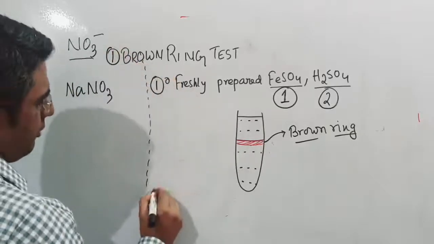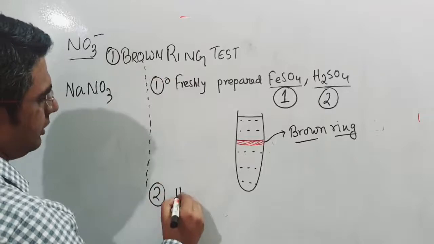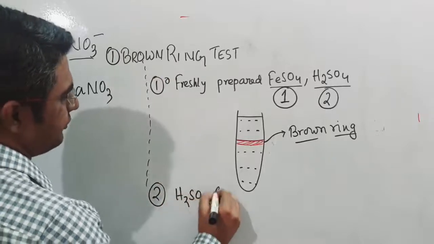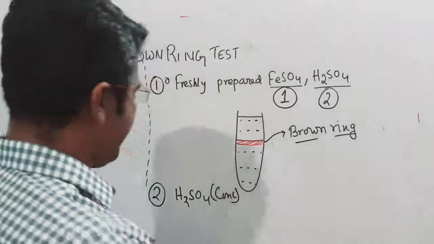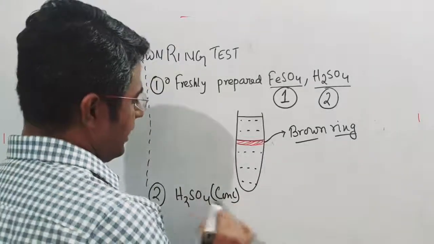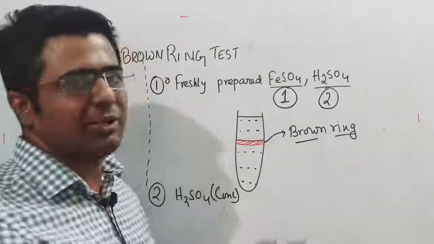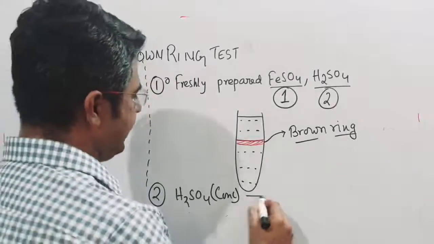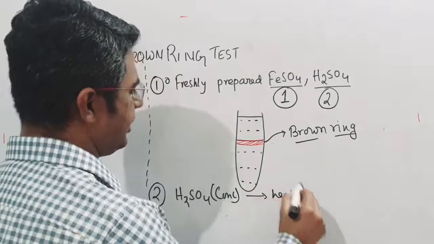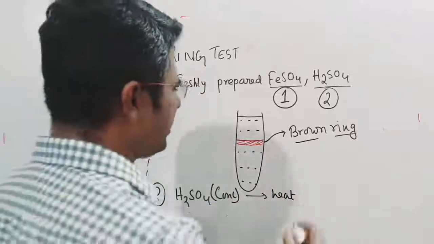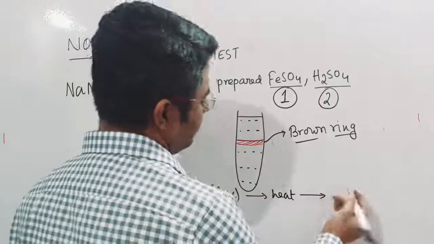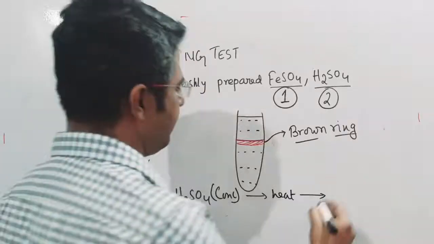Number 2, you can also add concentrated H2SO4 to it, and what happens? You have to keep the temperature around 200 degrees Celsius. So you need to heat. Yes, heat is important, and after this a gas evolves which has a little bit of reddish brown vapors.